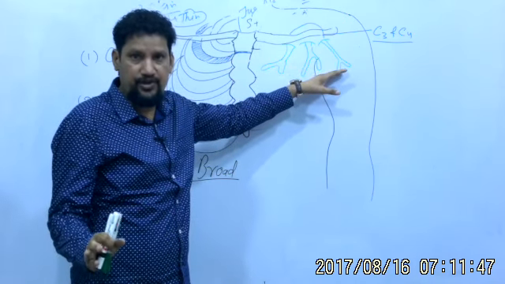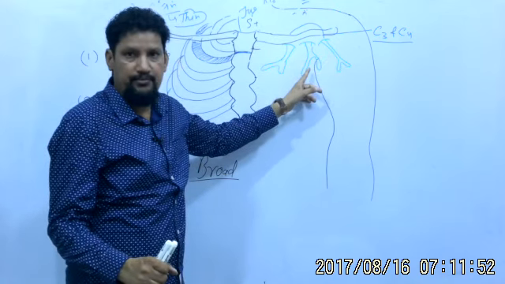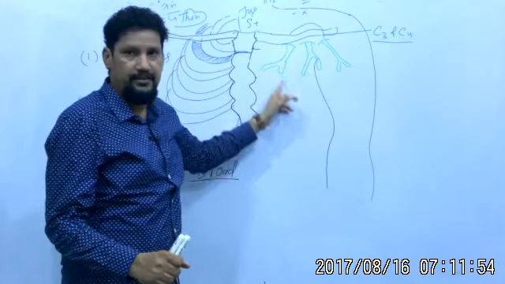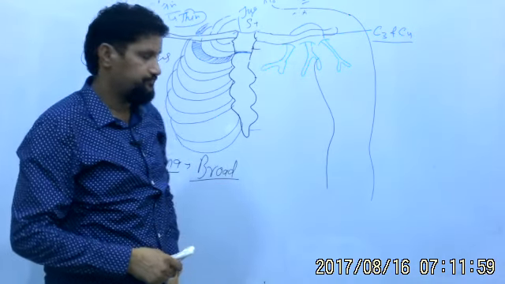So, these three cutaneous nerves are known as the lateral, the intermediate and the medial supraclavicular nerves.